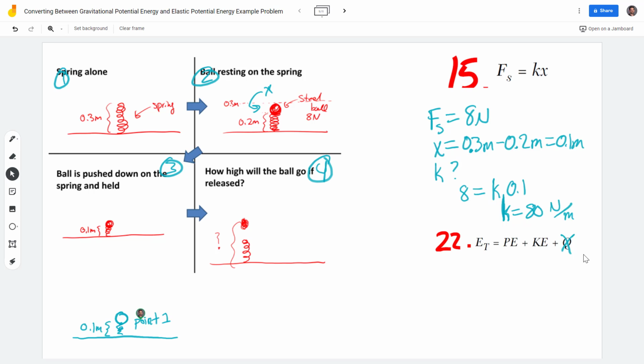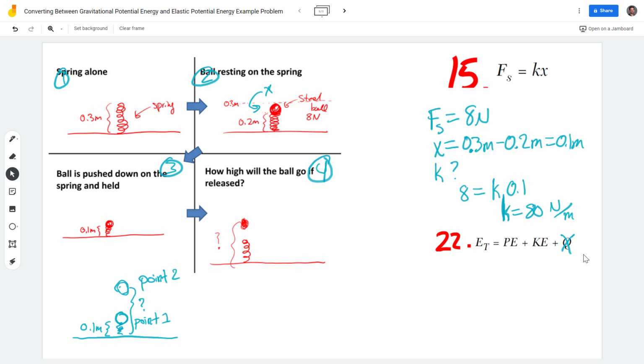All right, and then it's going to go up into the air, and it will be up here at some point, right? This is point 2. And we don't know what this distance is. That's what we want to know. You guys see that? Okay.